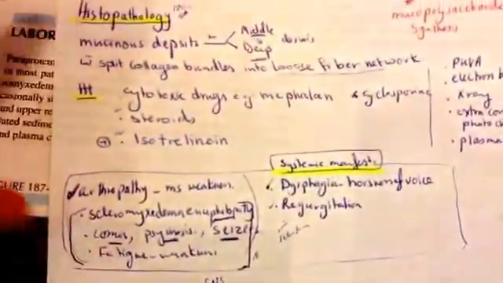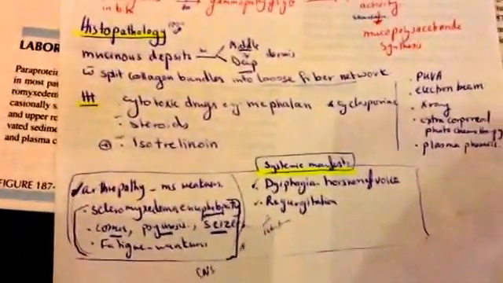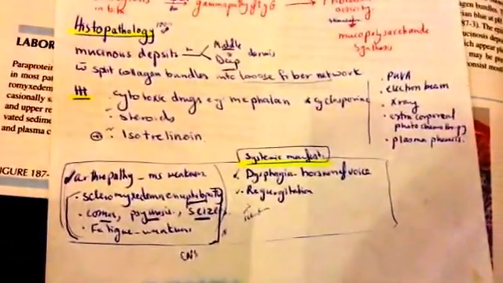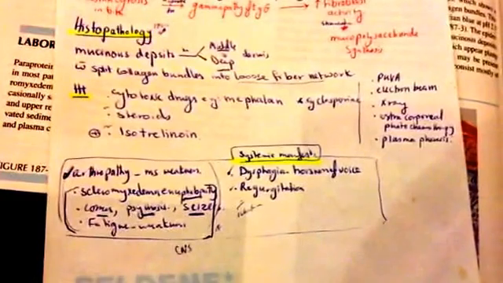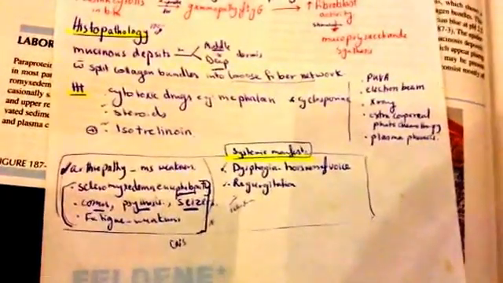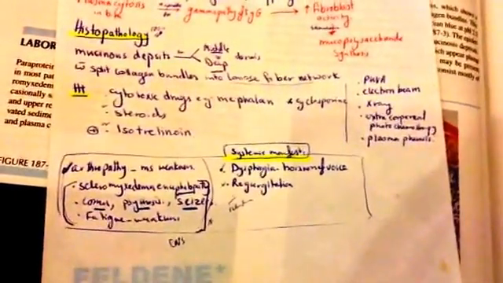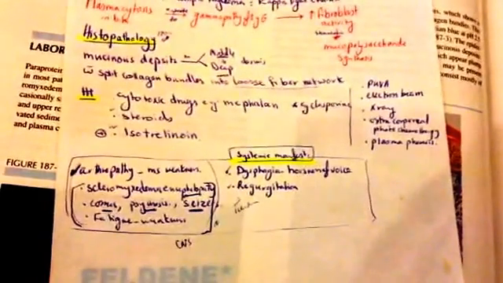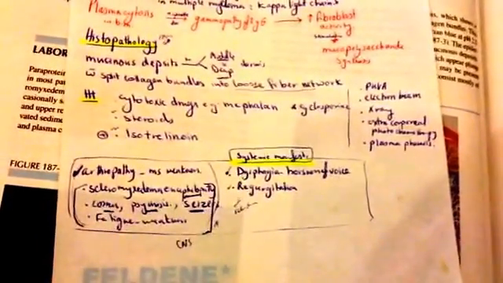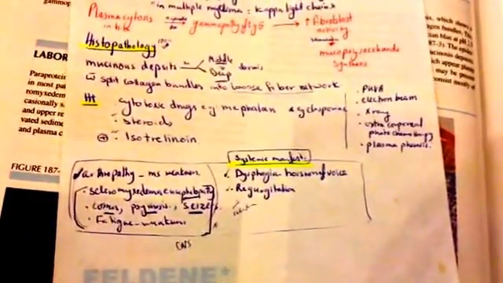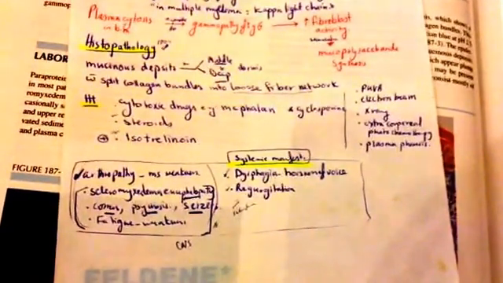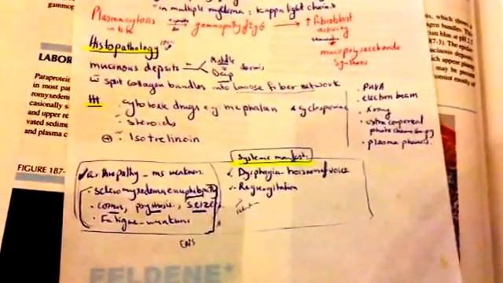Now for the treatment, there are cytotoxic drugs, melphalan, cyclosporin, steroids and isotretinoin, also PUVA, electron beam, X-ray, extracorporeal photochemotherapy, and plasmapheresis. The systemic manifestations are similar to scleroderma: dysphagia, hoarseness of voice, regurgitation, arthropathy, and muscle weakness.